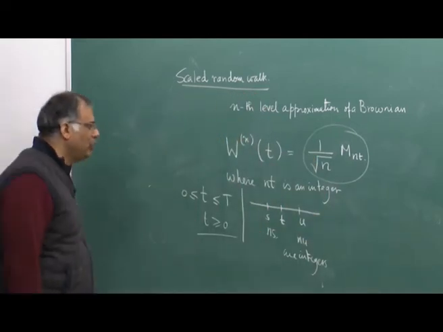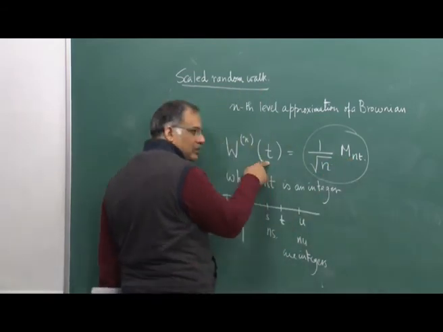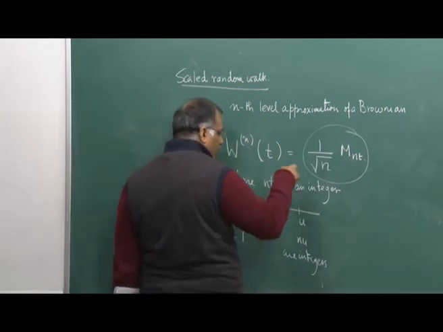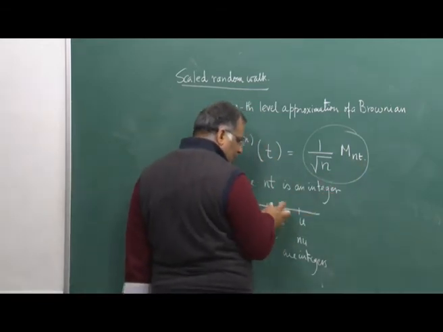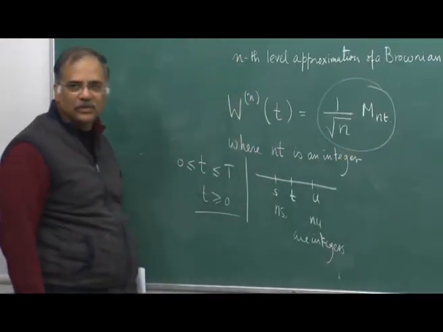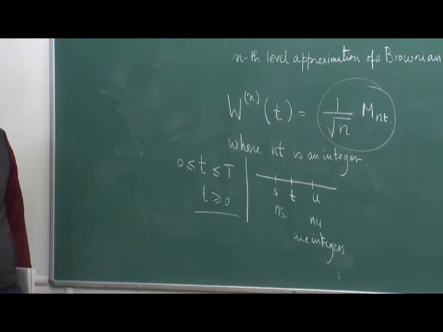Once you do that, you will find all the properties that you had here, provided that n times t is an integer. So, you first do it only for nt an integer, whatever is left you do the interpolation, and you will start getting a zigzagging curve, much more zigzag than the symmetric random walk itself.